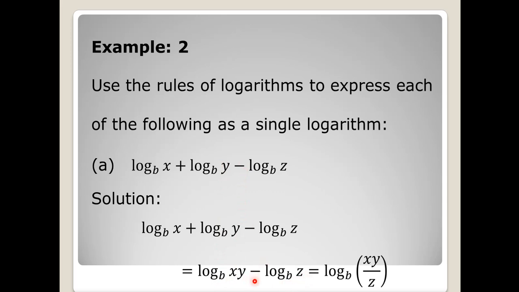Now here we have the subtraction operation, minus, then we can apply the second rule, which is the division. We can divide xy divided by z. So the final answer will be log xy divided by z to the base b. So these three logs now are combined together in one log of xy divided by z. So this is the way we use the rules of logarithms to simplify some expressions.